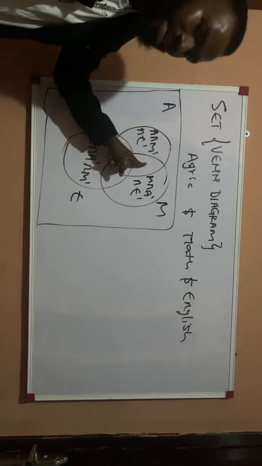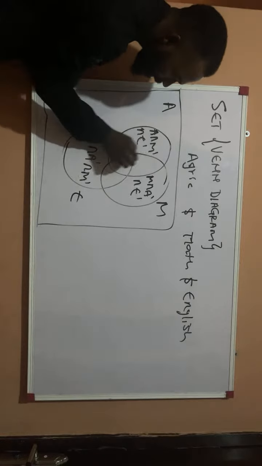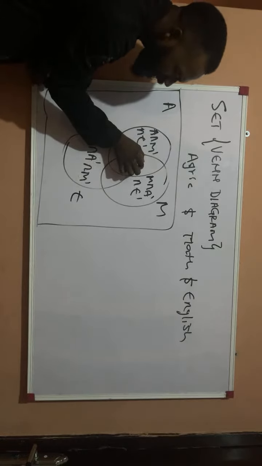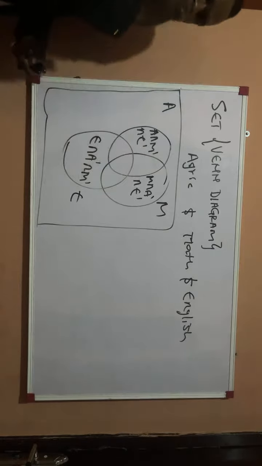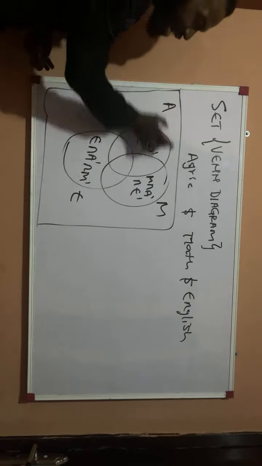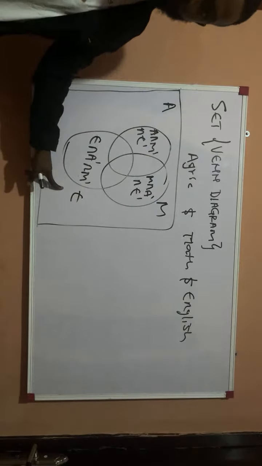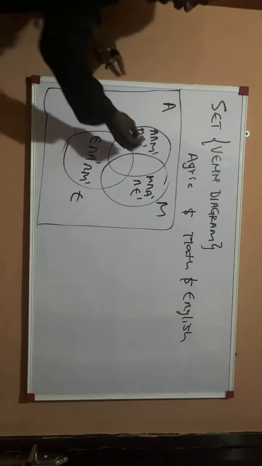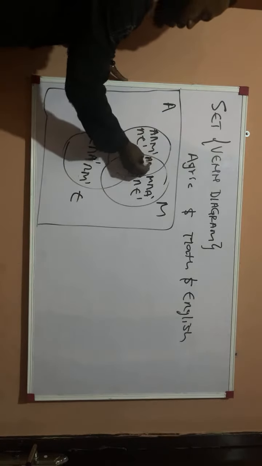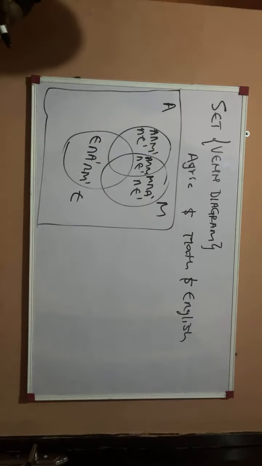Now, without wasting time, in this order, what do we do here? Now, this point here, from this circle to this place, refers to the number of students that offer only Greek and mathematics. Only Greek and mathematics. It means they don't offer English. So it becomes Greek and mathematics, but they don't offer English.